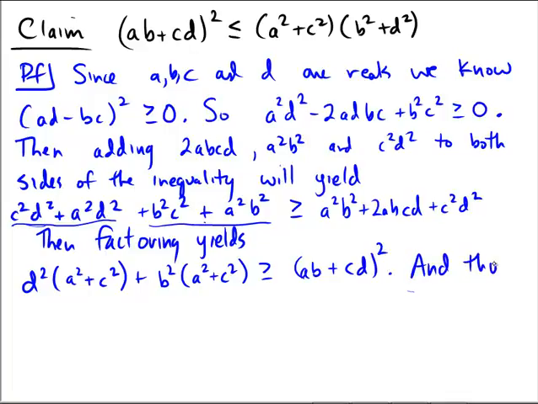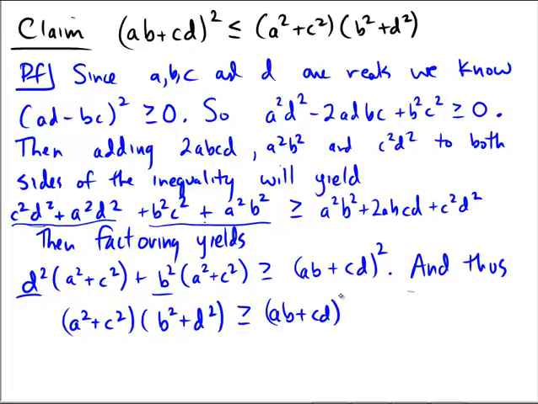And thus factor out, because the A squared plus C squared is common. We'll get A squared plus C squared multiplied by D squared plus B squared, so B squared plus D squared, bigger than or equal to (AB plus CD) quantity squared, as needed.